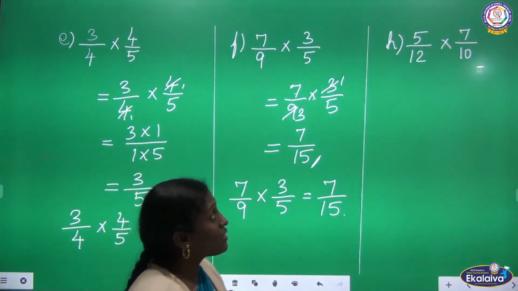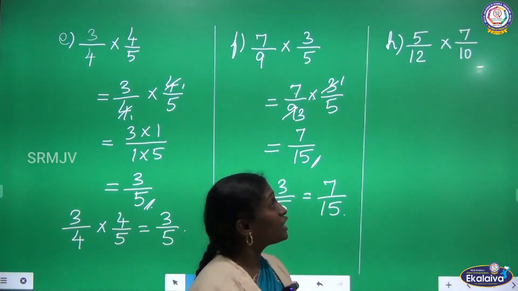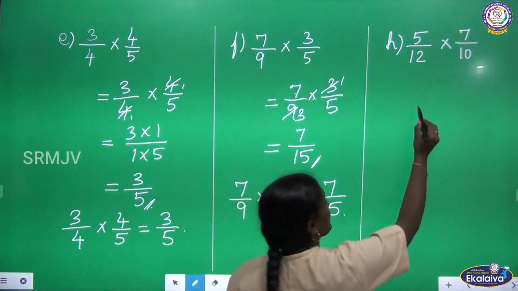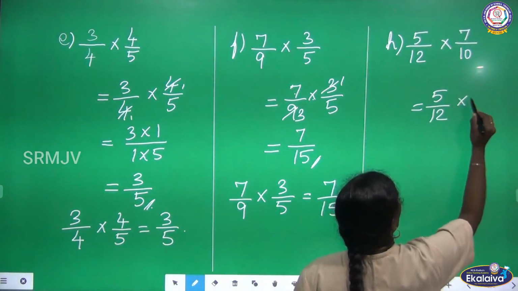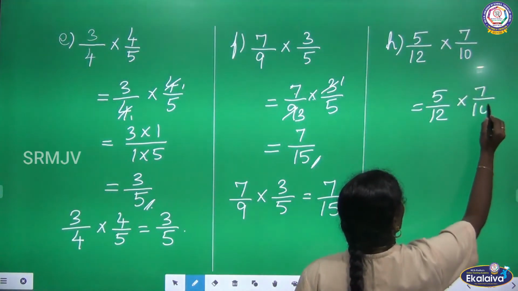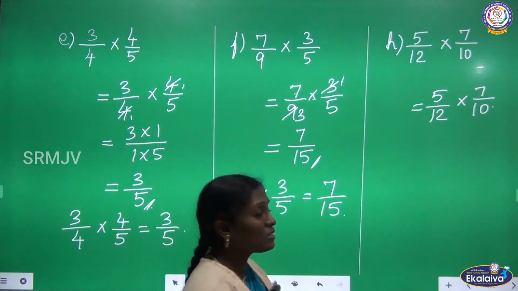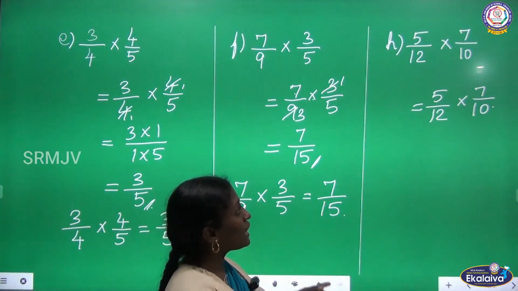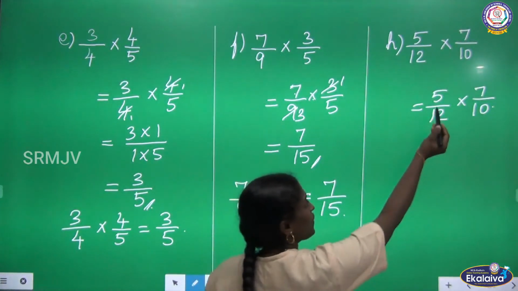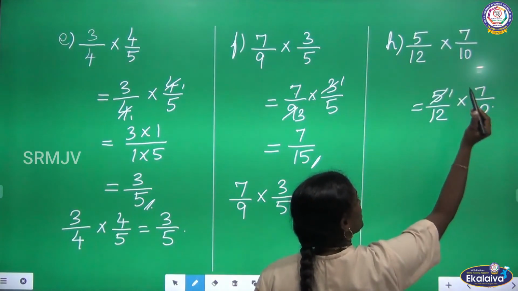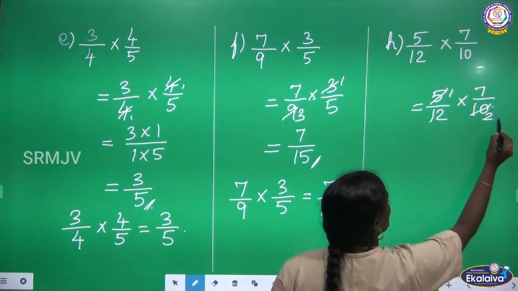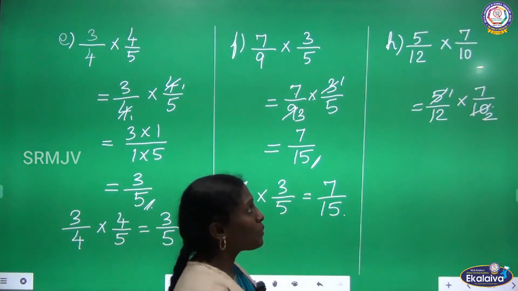Okay, the next question is 5 by 12 into 7 by 10. Can we reduce the numbers? Here we can reduce 5 and 10 in the 5 table. In the 5 table 1 time, here in the 5 table 2 times. Any other possibilities?